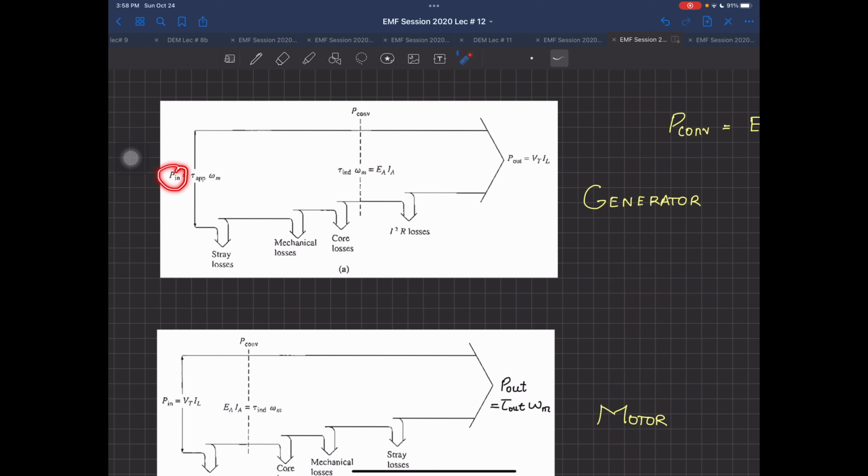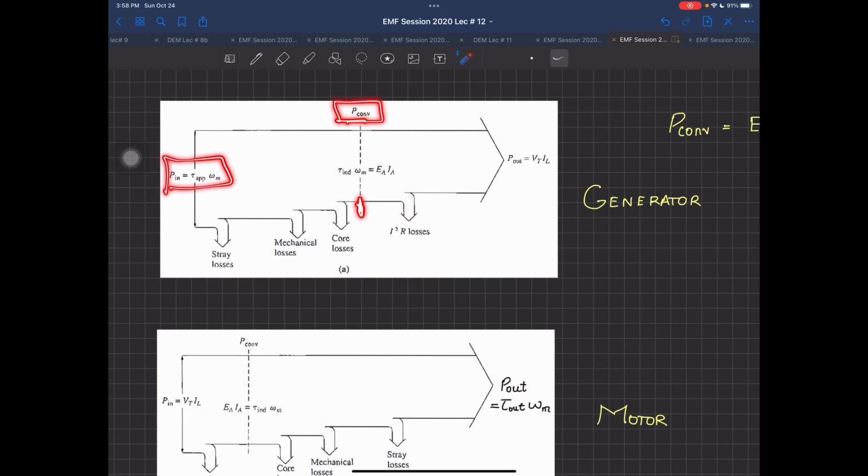So this is the input power, and as soon as you apply this, then you have some stray losses. Again, those stray losses are coming from the bearing, any losses which cannot be accounted for. And then you have the mechanical losses taking place inside the machine, the friction and the windage, and then certainly the core losses, because at this point, after the core losses, inside the armature, this has been converted into electrical power.